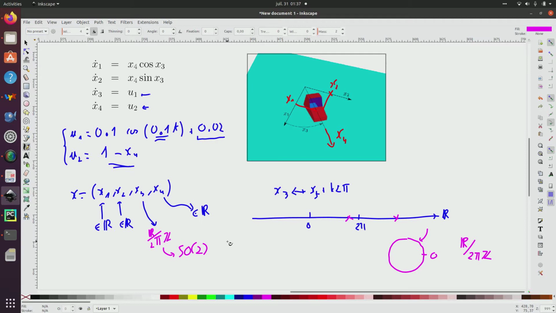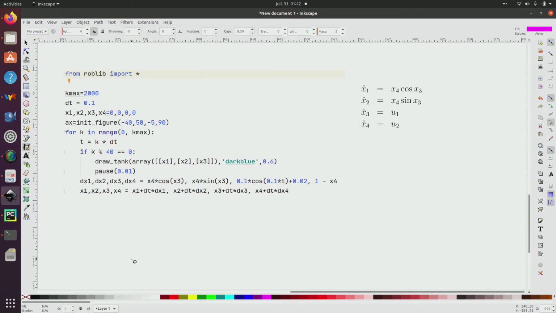For the simulation, I propose the following Python program, which uses the roblib library. I take 2000 for the number of iterations, a small dt of 0.1 for the sampling time, and for the initial state, I put 0 everywhere, so the program is in scalar form.